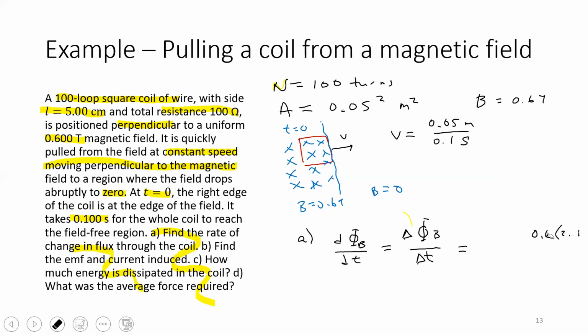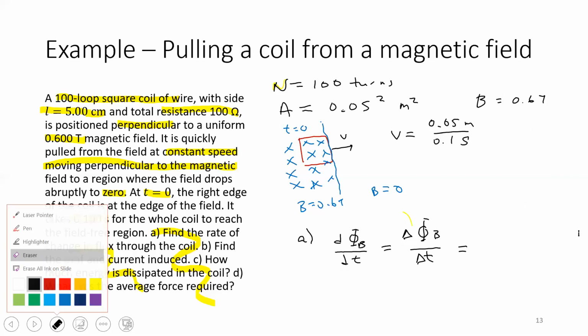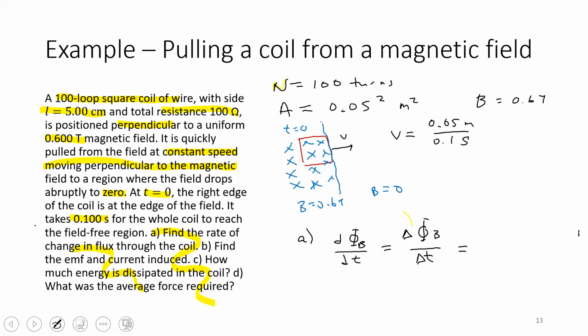let's write it a little differently. Let's write our final magnetic flux minus our initial magnetic flux instead of trying to write from right to left. So our final magnetic flux, we get into this field-free region. Our final magnetic flux is going to be 0 because our magnetic field is 0 when we're done. Our initial magnetic flux is this 0.6 for the magnetic field, and then 2.5 times 10 to the minus 3 meters squared for our area.